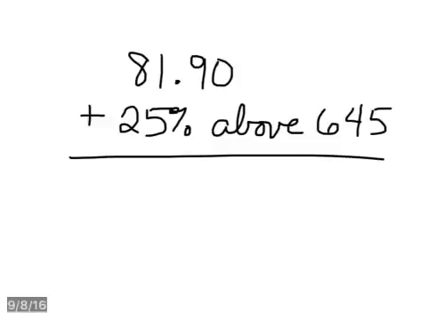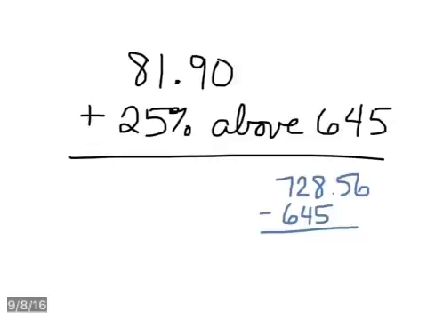Okay. His number was, as Brian told me, 728.56, right? So, first thing that you need to do in order to calculate this is what is 728 and 56 cents minus 645 bucks? $83.56? 83.56? 83 point what? 65.